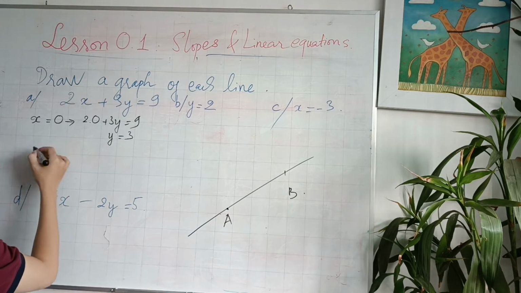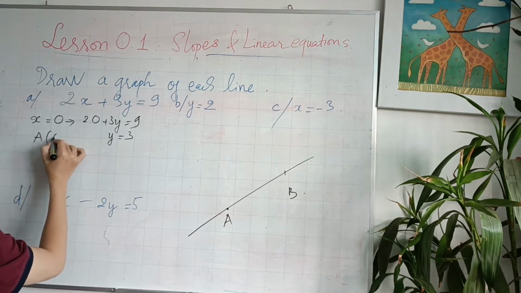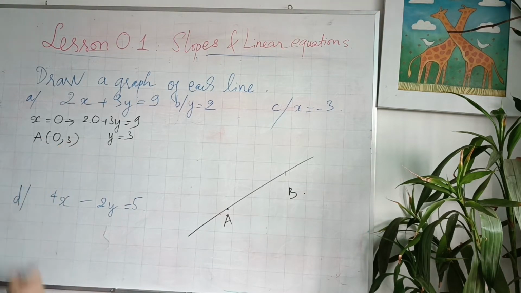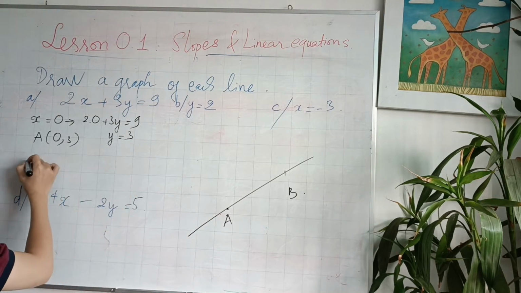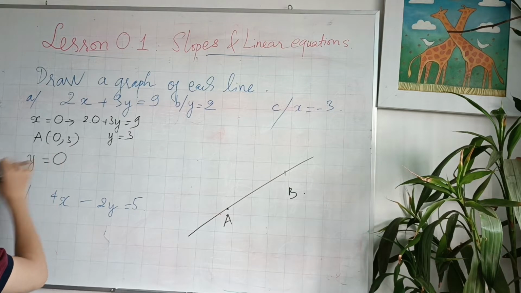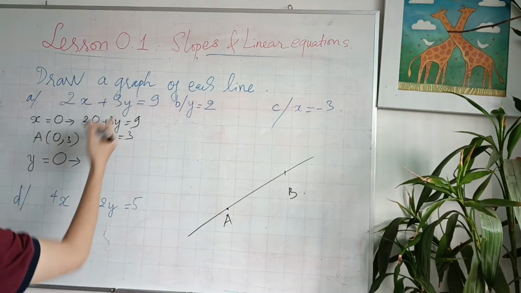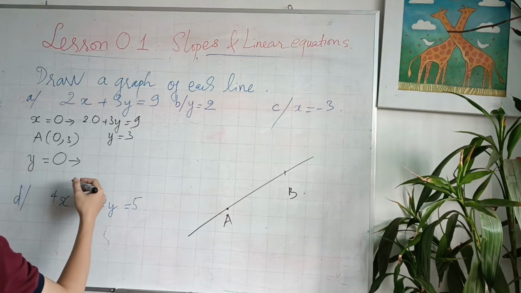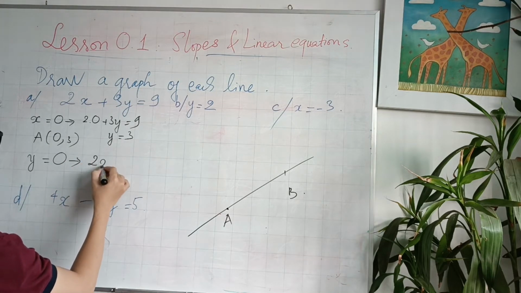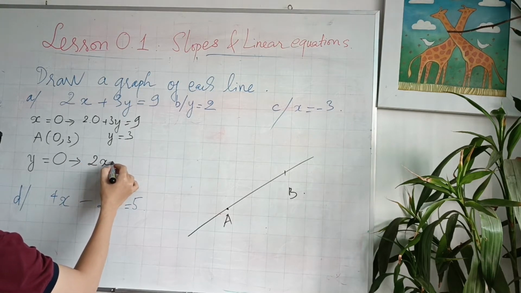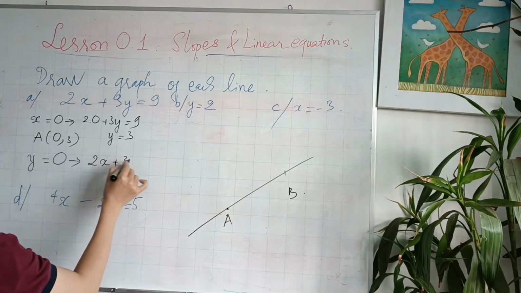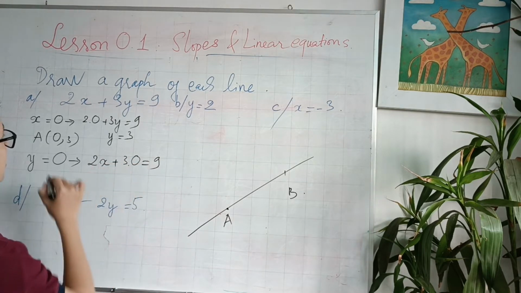Okay, we have the first point A, (0, 3). For another point, let y equal 0. So we substitute this coordinate into the linear equation. We have 2x plus 3 times 0 equals 9.